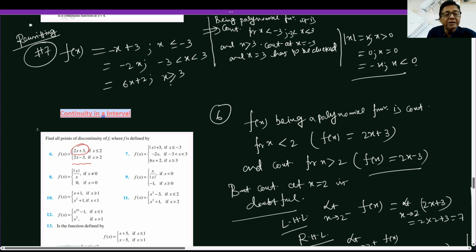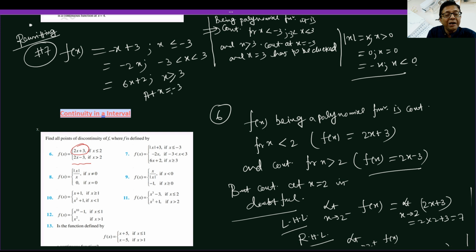How to check that? At x equal to minus 3, the left hand limit is what? Minus 3 minus 0, f(x). You just write minus 3 minus. Minus 3 less than minus 3. Which part is there?